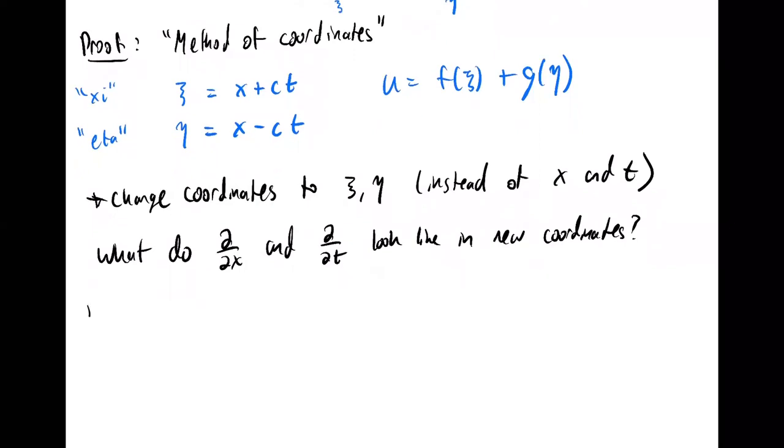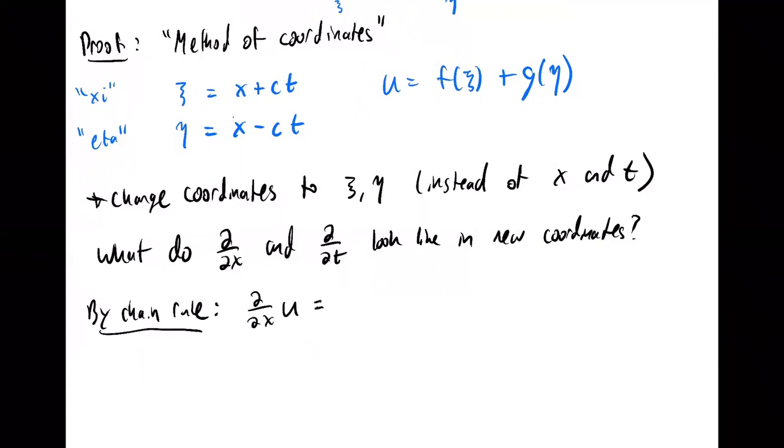In particular, if I look at the derivative with respect to x of u, I want to use the chain rule to relate this to xi and eta. Notice that xi and eta are functions of x, just by looking at the formulas above.